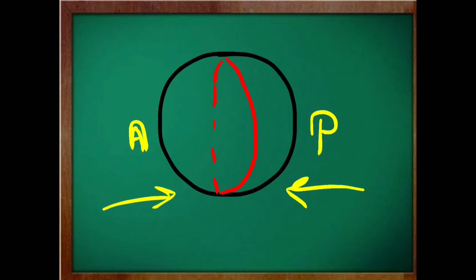If I draw a circumferential line something like this, on which every point on this line, whether it is present here or here, is equidistant from the anterior and from the posterior pole, then this circumferential line will form what is known as the anatomical equator. So this is the anatomical equator.